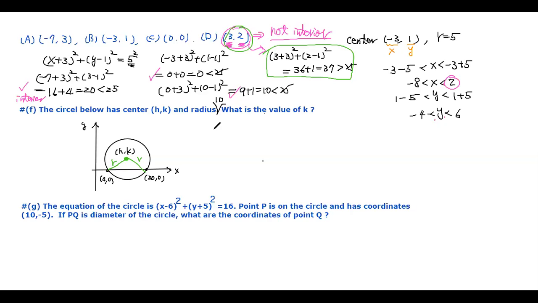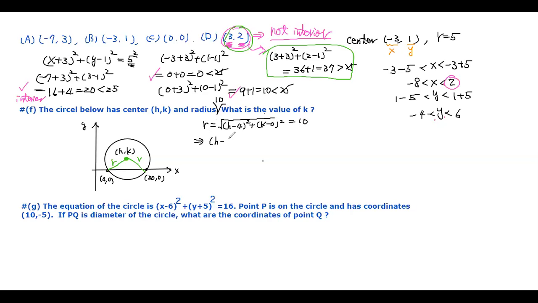So from the distance formula, I know the radius is equal to, right? h minus 4 to the square plus k minus 0 to the square equal to 10. To simplify this, we can take the square roots out.